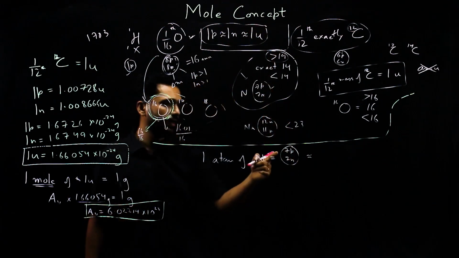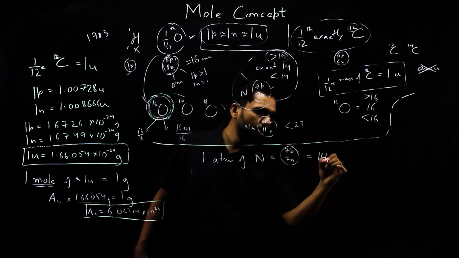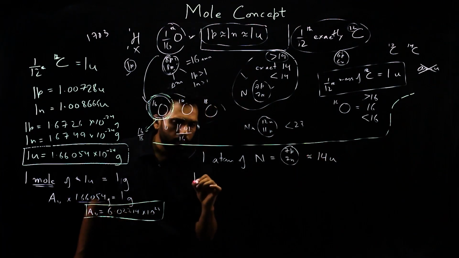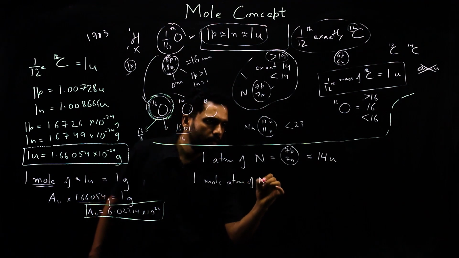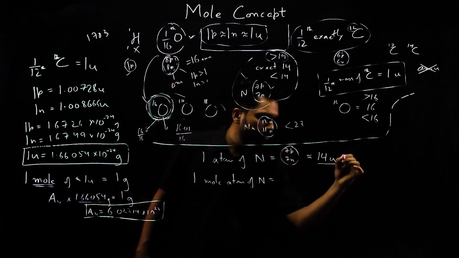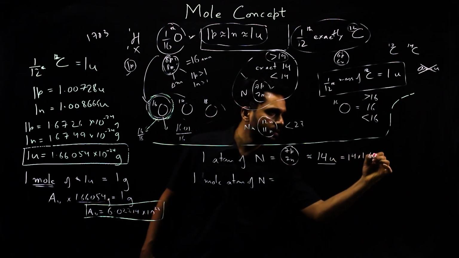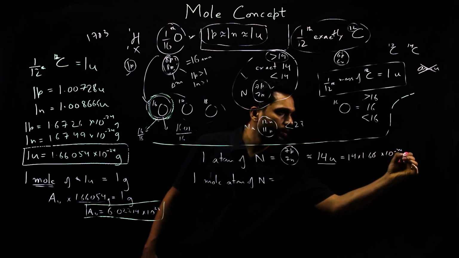So roughly it would be 7 U's of protons and 7 U's of neutrons. So it will be 14 U weight roughly. And 1 mole of nitrogen atoms will weigh this in grams, which is 14 into 1.66 into 10 power minus 24 grams.